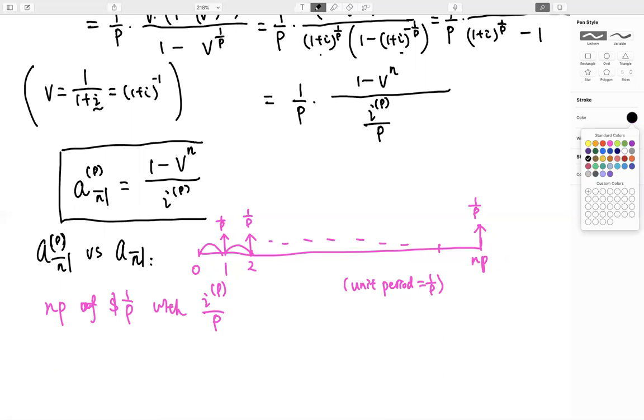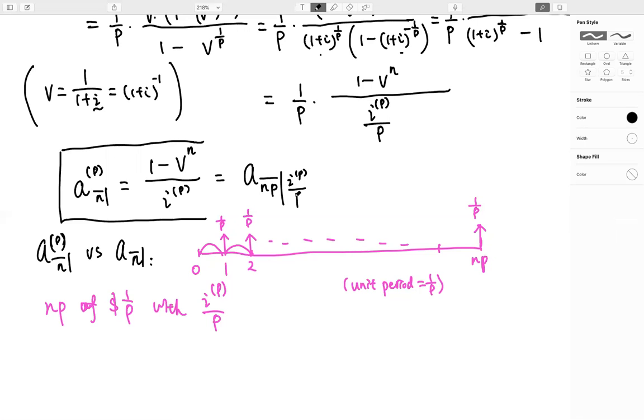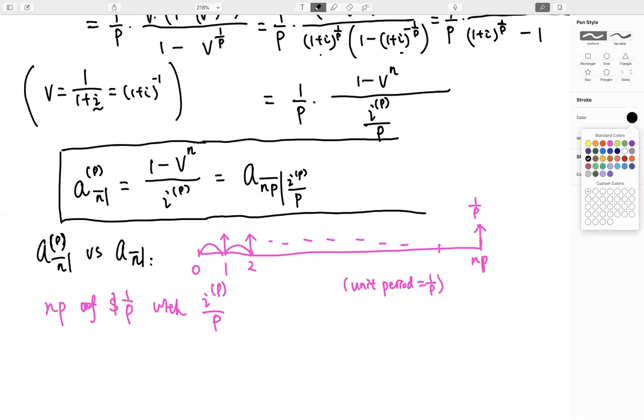So I have an immediate result from this analysis. I will write it down directly, and we will go from there. So let me write it down first, and then explain what's going on, right? So let me still put the payment here. 1 over P, 1 over P.